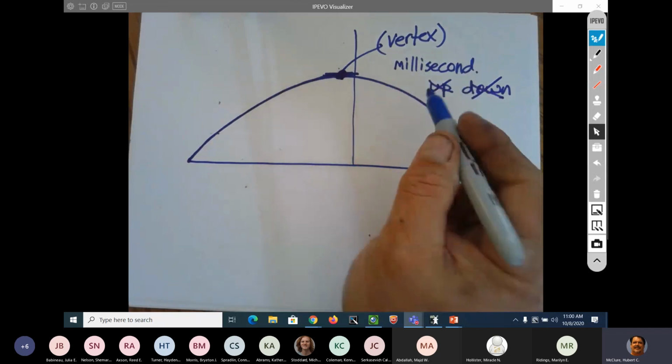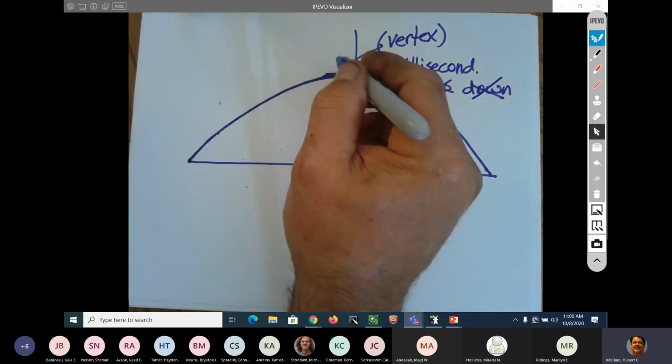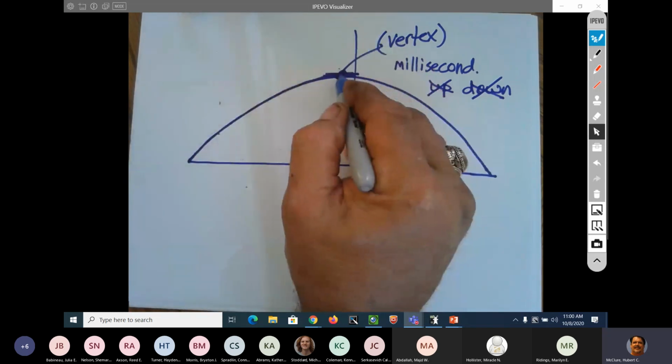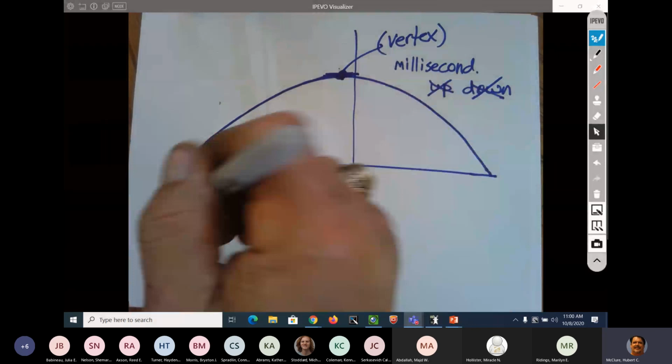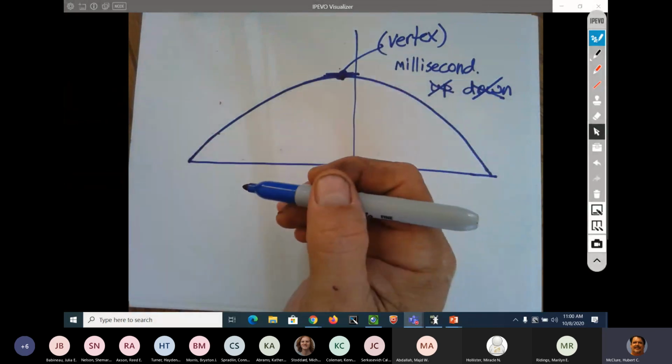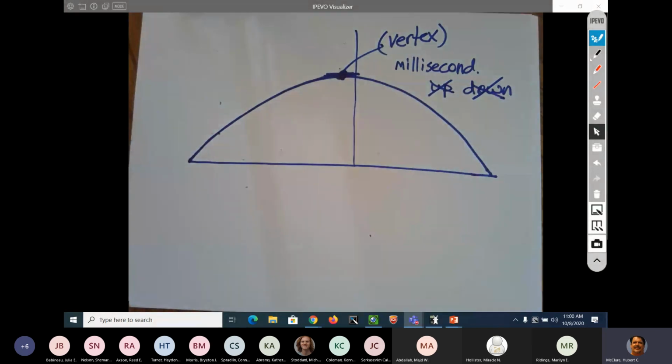And that's why when you're doing increasing and decreasing values, you don't get brackets at the vertex, because you're neither going up or down for a millisecond. Does that help, Ms. Babineau? So at the vertex, you always have parentheses, because you're neither going up or down at the vertex.